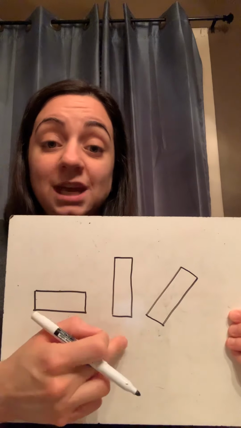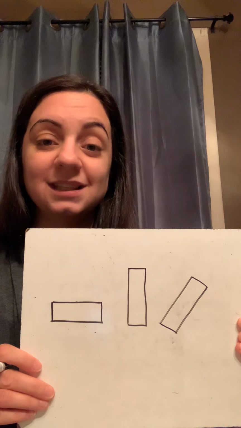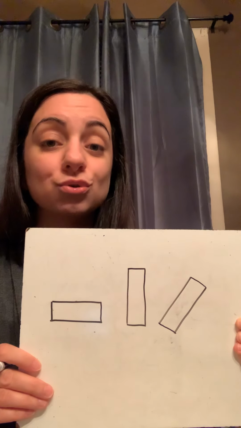Even though these shapes are turned different ways, they are still all rectangles. Now, I want to see if I can try and trick you here. Let's look at this shape.